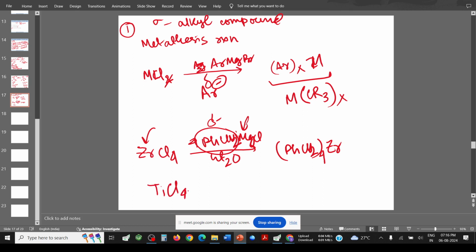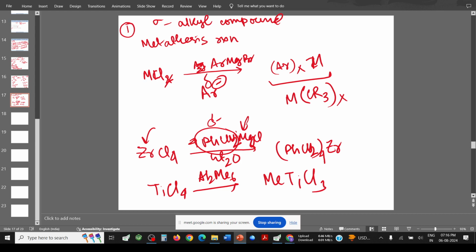If we have Al2Me6, that is the methyl group, it is substituted by chloride, and we have our methyl TiCl3.